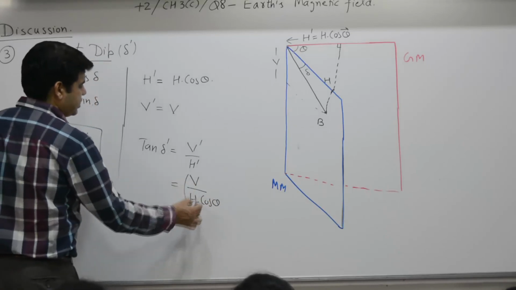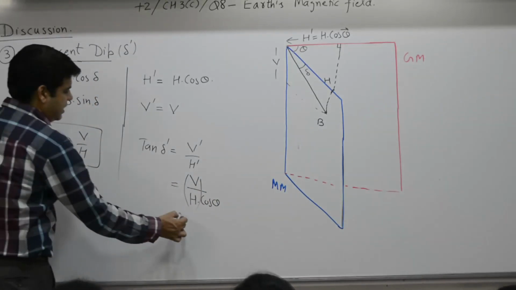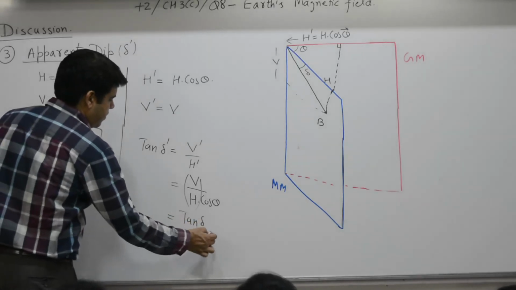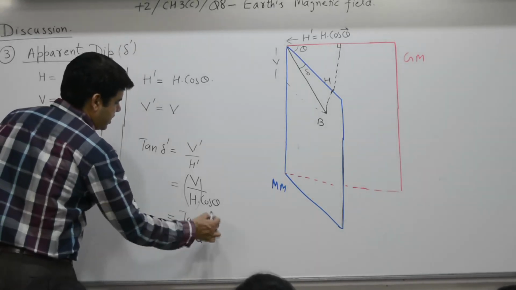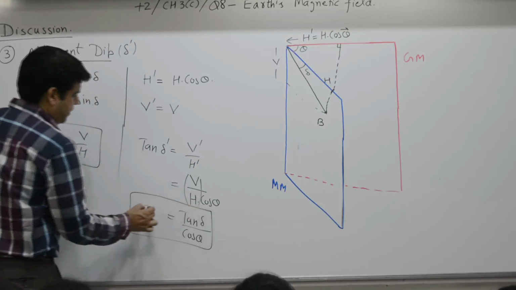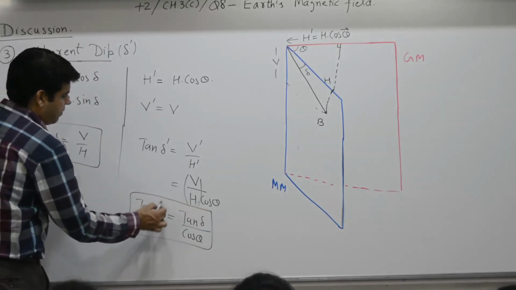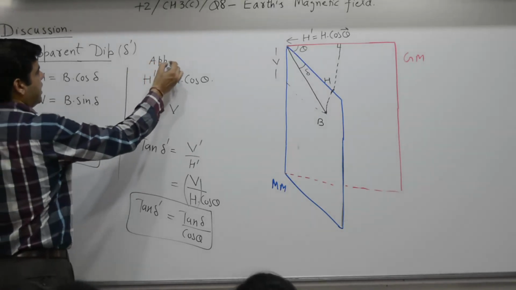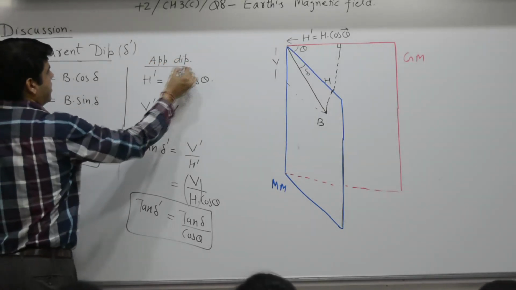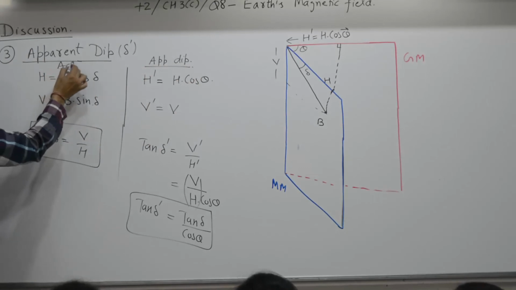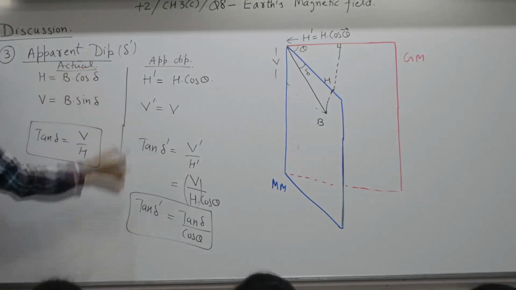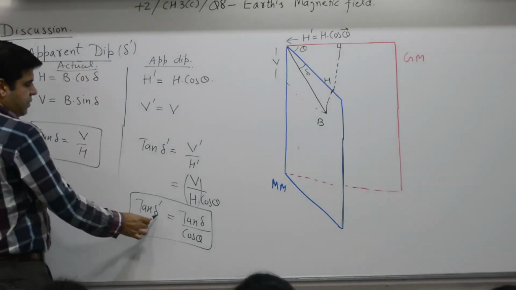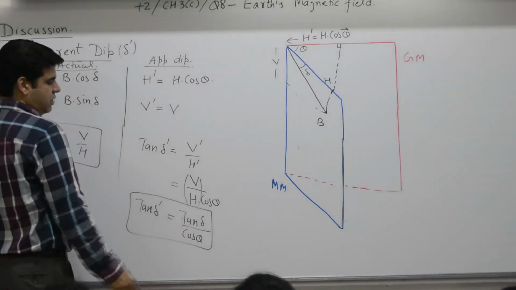So V by H is tangent delta over cos theta. Here I can write this to be as apparent dip case. This is the case for actual dip. Tangent of apparent dip is equal to tangent of actual dip divided by cos of theta.